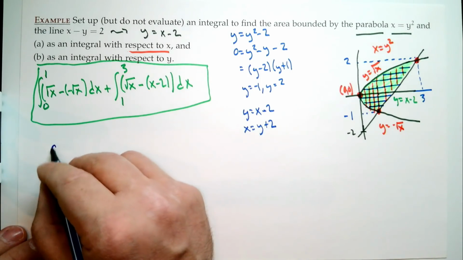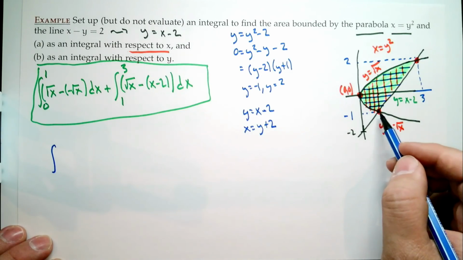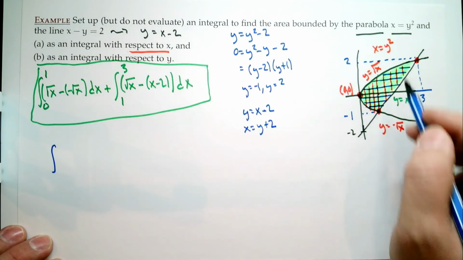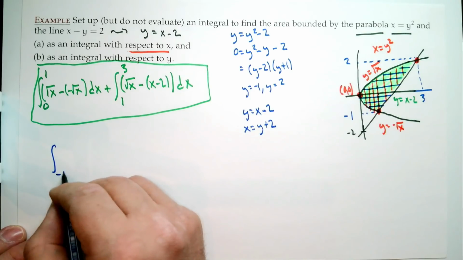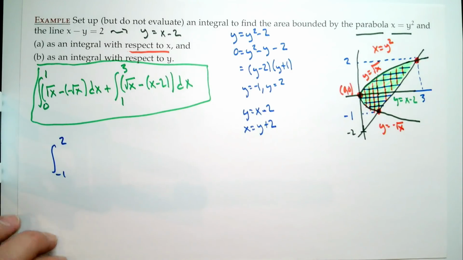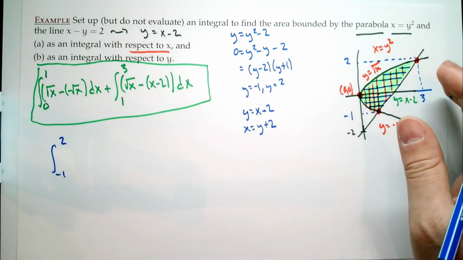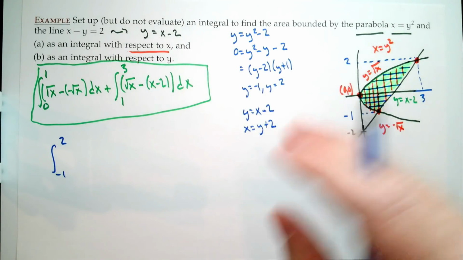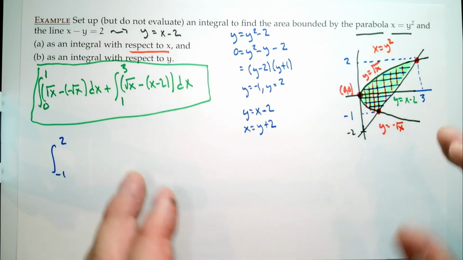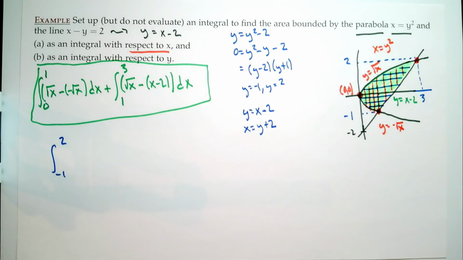So where's our integral going to go from? Now I'm looking at the y bounds. From y is -1 to y is 2. And when I'm doing the horizontal slices, it's going to be the right minus the left. It's always large minus small. So if in doubt, just think, which one is bigger? That's the one that's on the top.